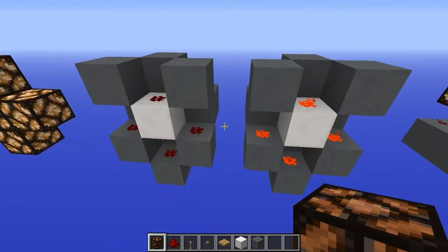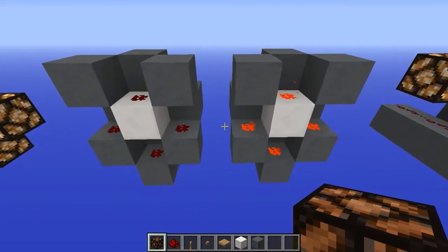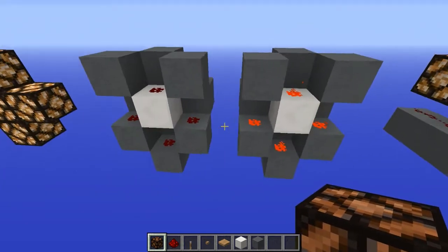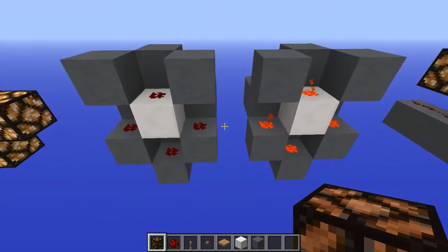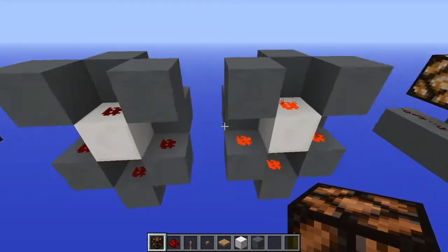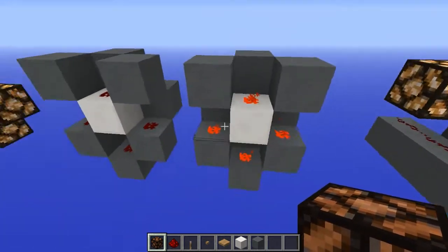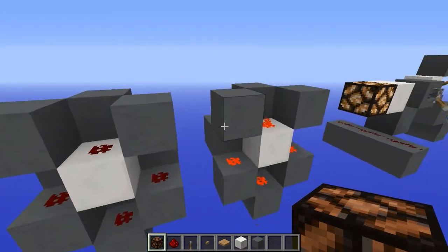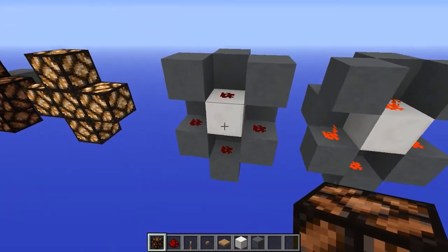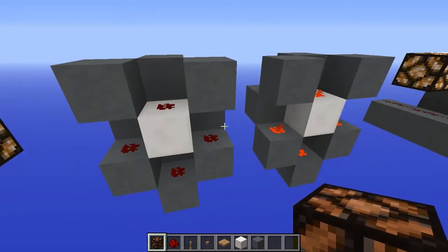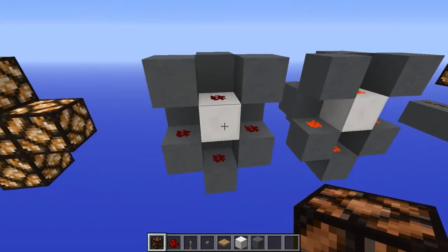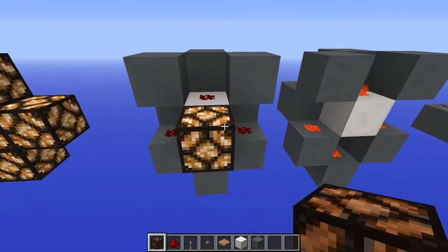Over here we have an example of what might be another basically understood concept. This is off and this is on, right? But in this case we're actually looking at the quartz block, and this quartz block is actually on.